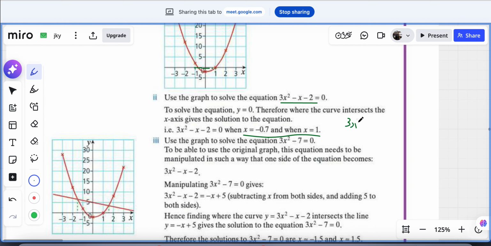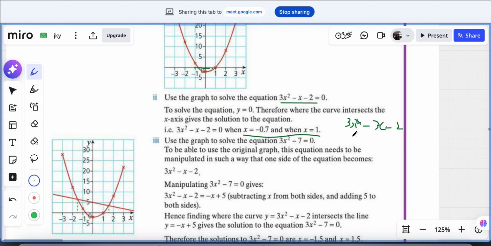Let's write the original one: 3x squared minus x minus 2, right?